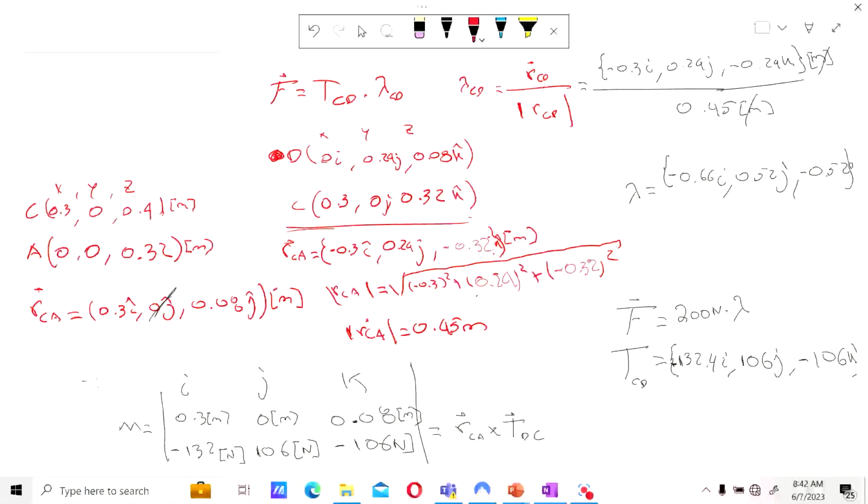Okay, so let's do this again. Square root of squared plus, so what are the values? It is negative 0.3 squared plus 0.24 and negative 0.32.